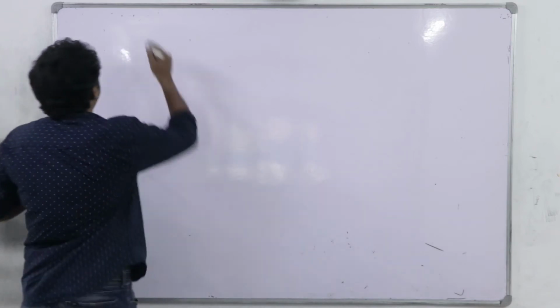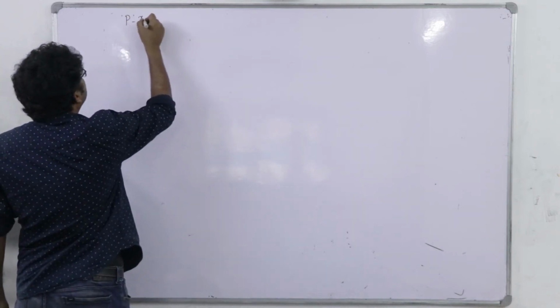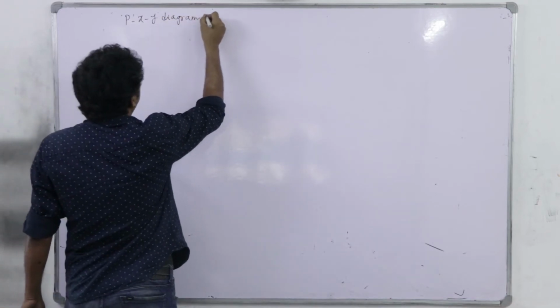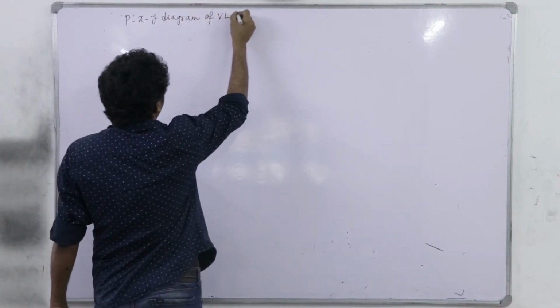So you see this Pxy diagram of a vapor liquid equilibrium system.